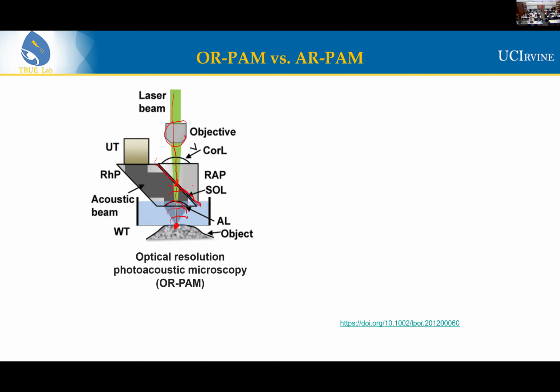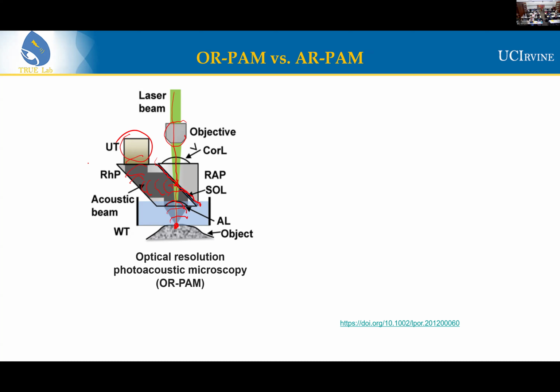You have two prisms with a gap between them, and the gap is filled with oil, which allows the light to penetrate through the prism but refracts the ultrasound wave and redirects it to the transducer. This is our acoustic transducer. That's how it works.